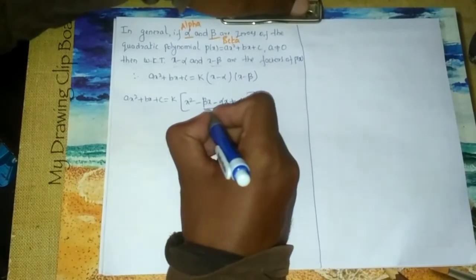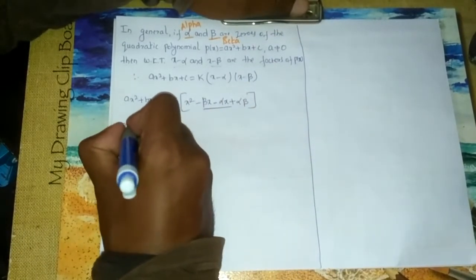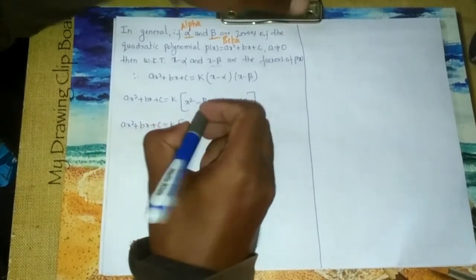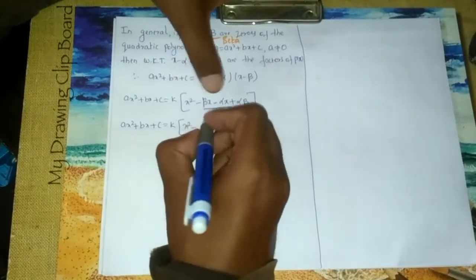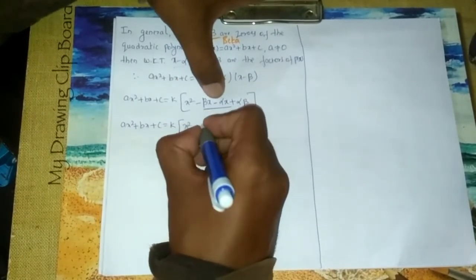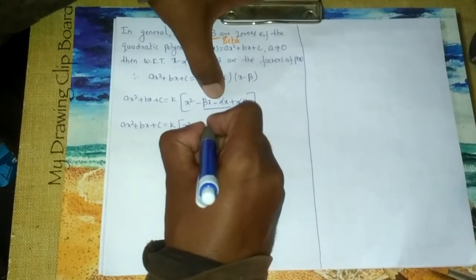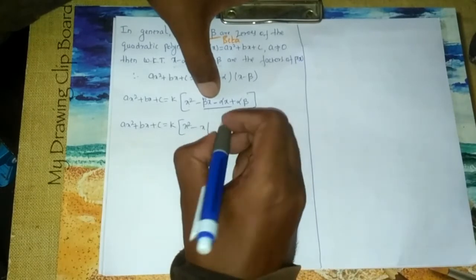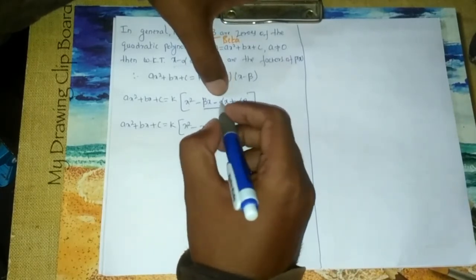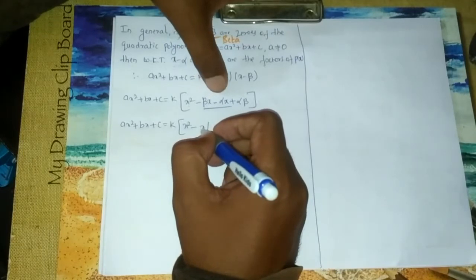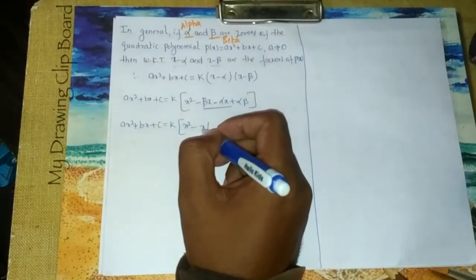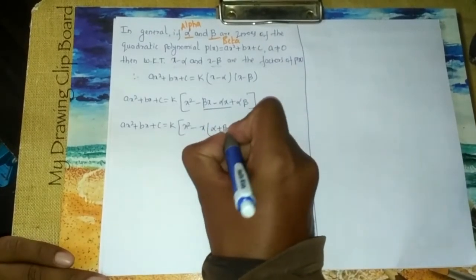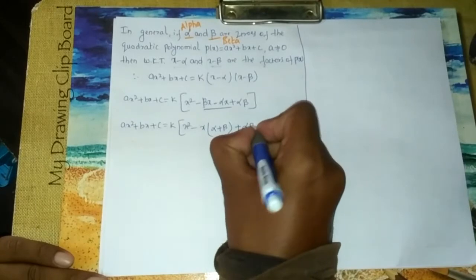I can take x common, so LHS ax square plus bx plus c equals k into the bracket x square minus, taking minus x as common, I will be left with alpha plus beta, plus alpha beta.